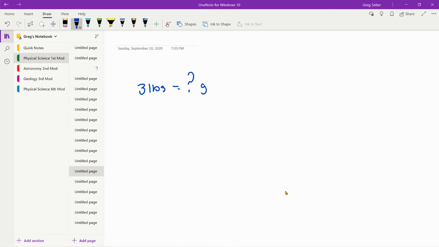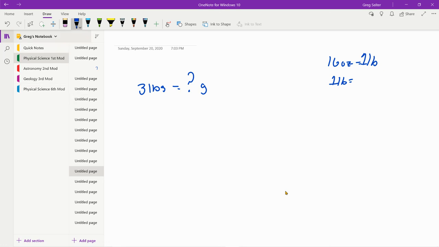So I can tell you right now that there are 16 ounces in 1 pound. Okay. 1 pound. Now, how many grams are in a pound? Well, let's write that down. 1 pound equals, oh, I'm sorry.